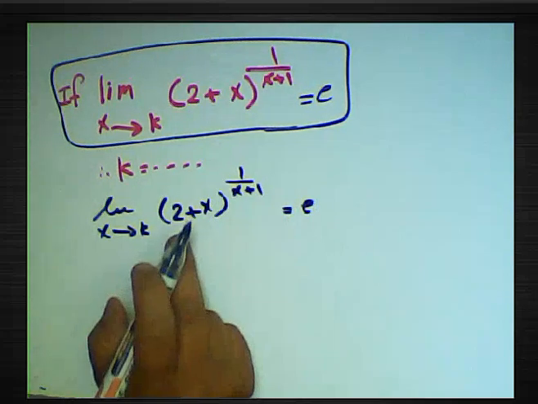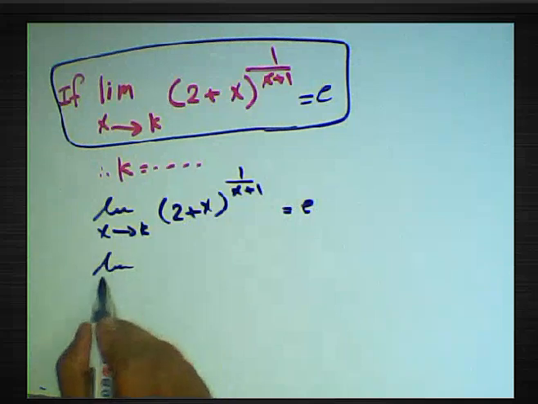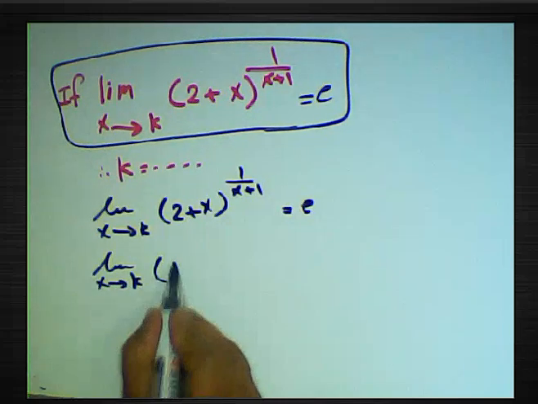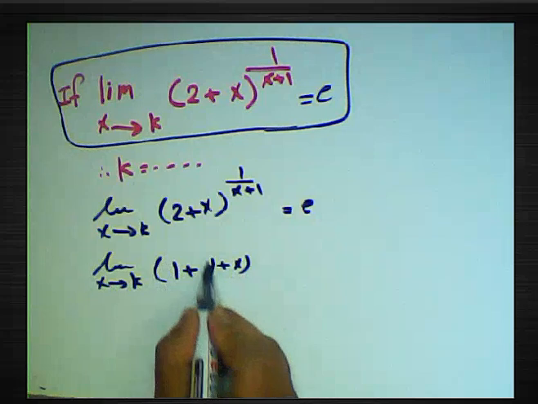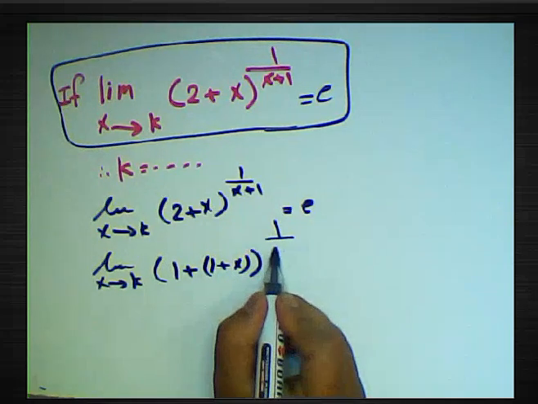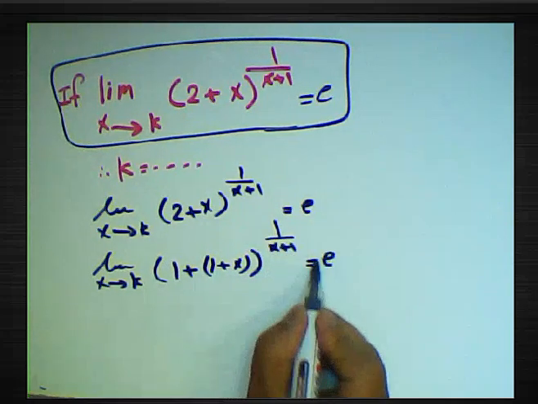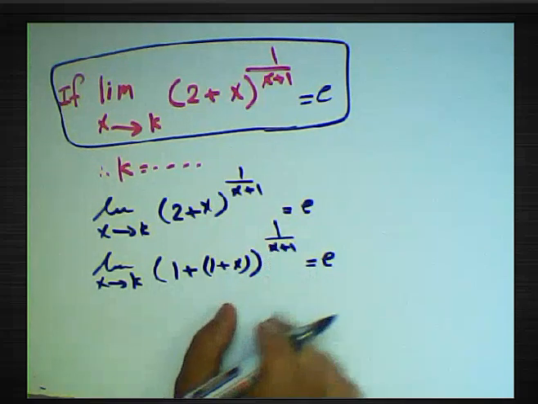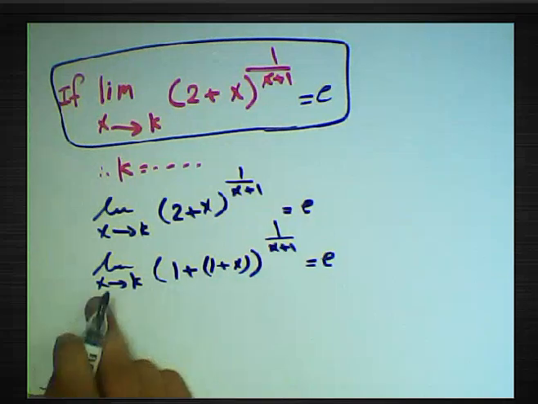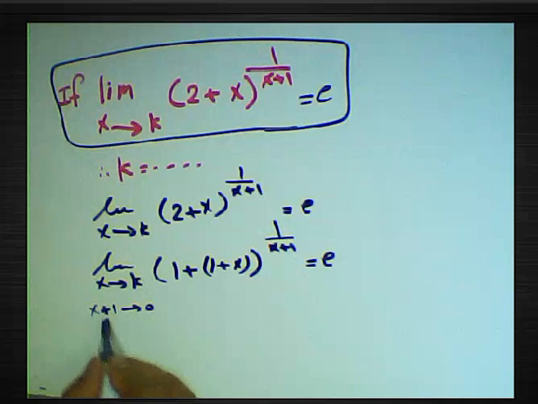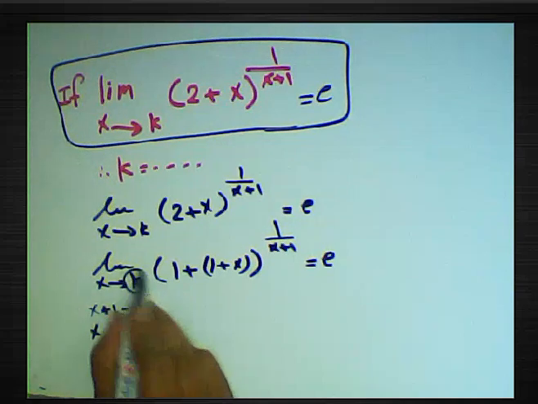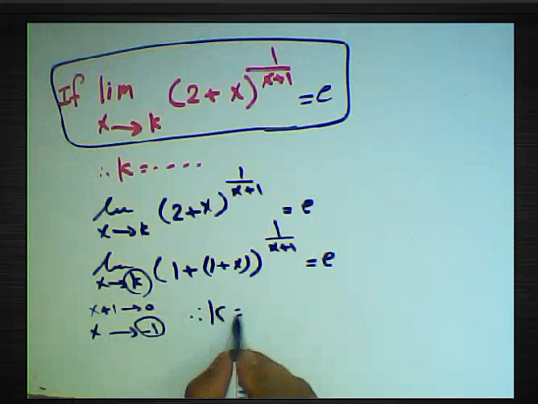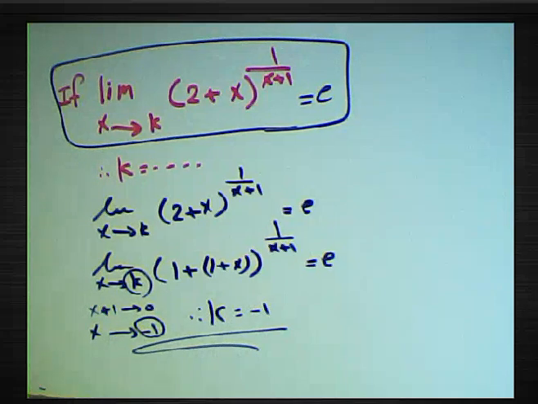We can change it to (1 plus 1/(x+1)) to the power of x plus 1. It tells us the base here equals e when x plus 1 approaches 0, so then x approaches -1. Then k equals -1.